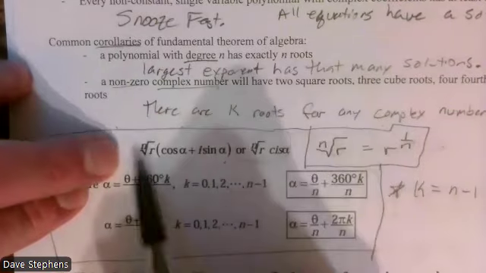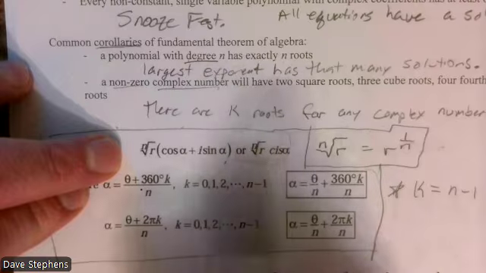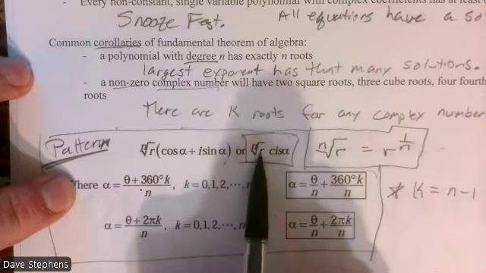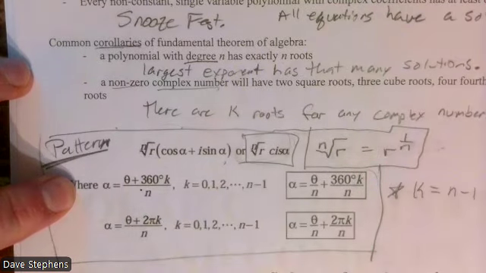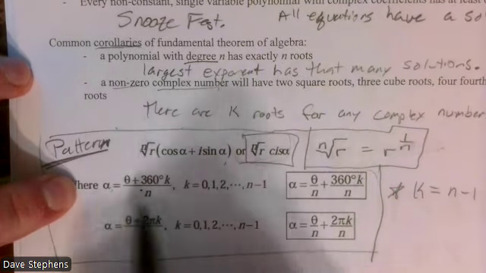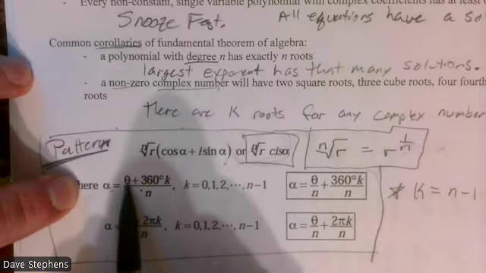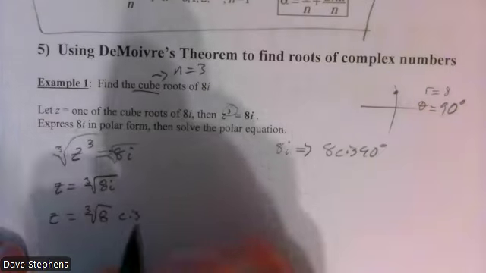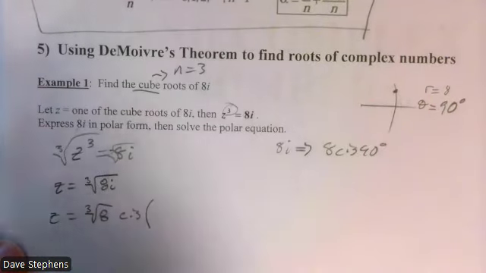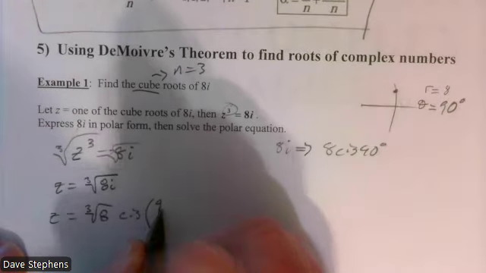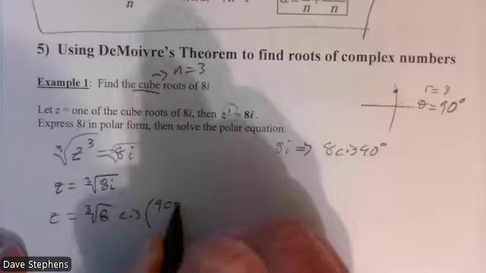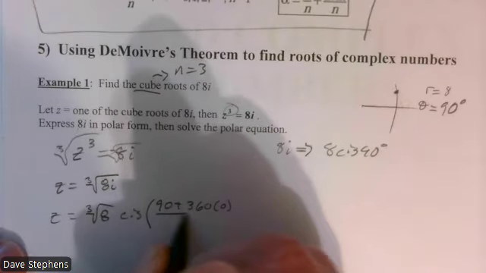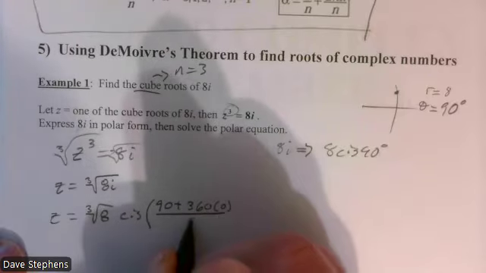All right, so this is where we're at. We're right here. The nth root of r, CIS alpha. And now alpha is equal to theta plus 360k over n. So we get our theta, which we said was 90, plus 360 times 0 over n, which we said was 3.